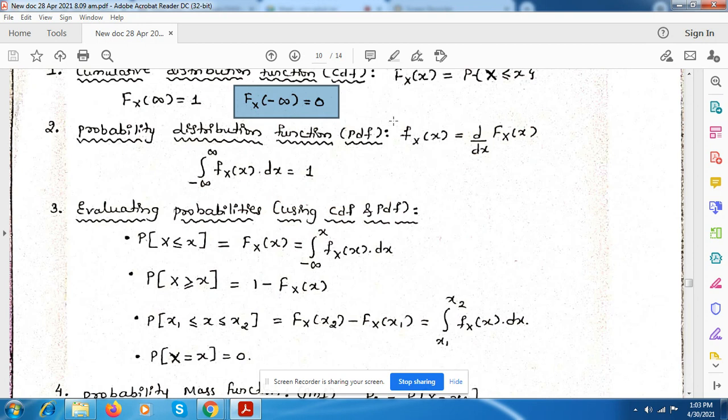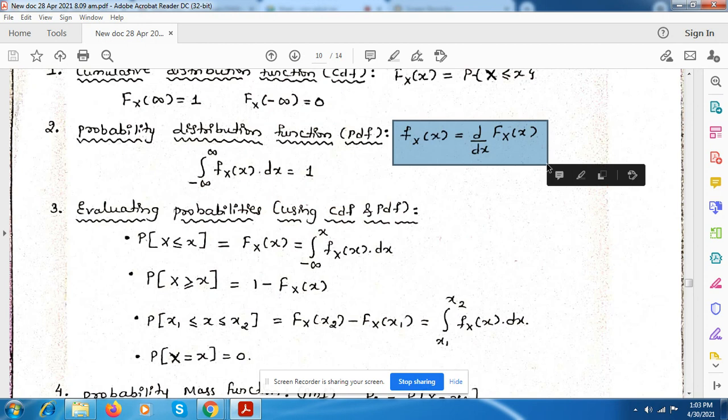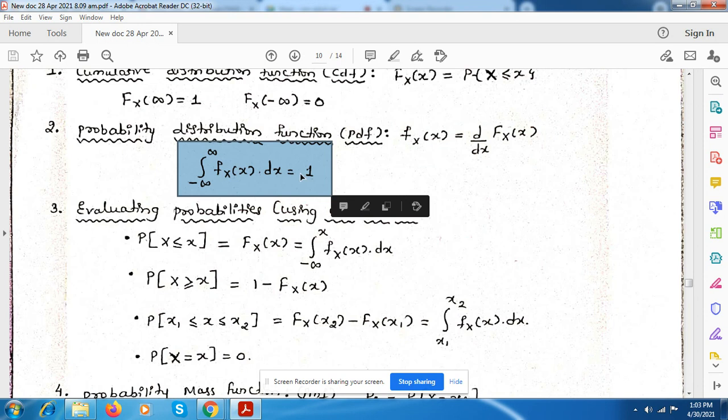This is the equation for the PDF, that is equal to differentiation of the CDF value, and the area under this PDF is always equal to 1, that is the integration from minus infinity to plus infinity of f x of x into dx is equal to 1.